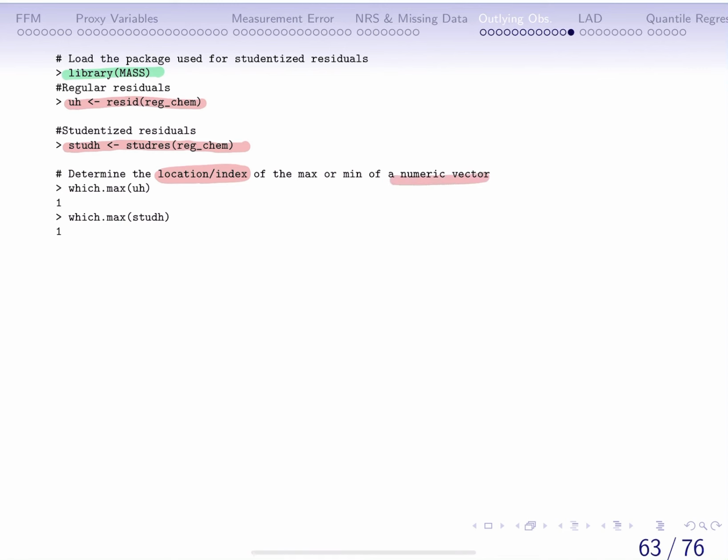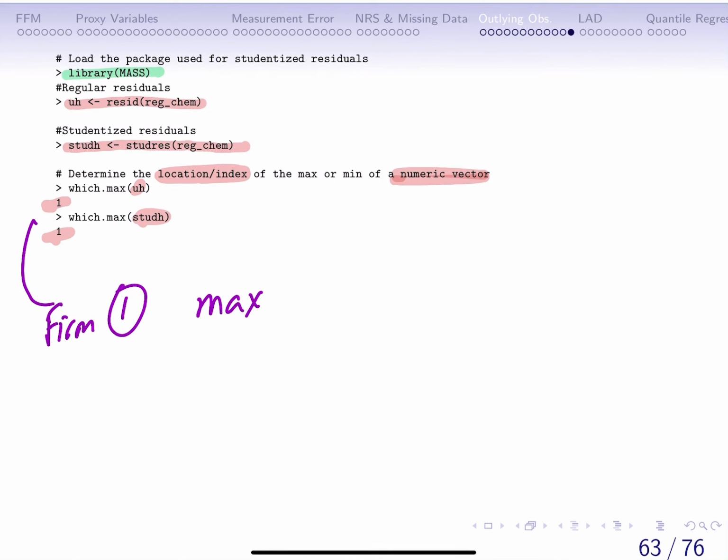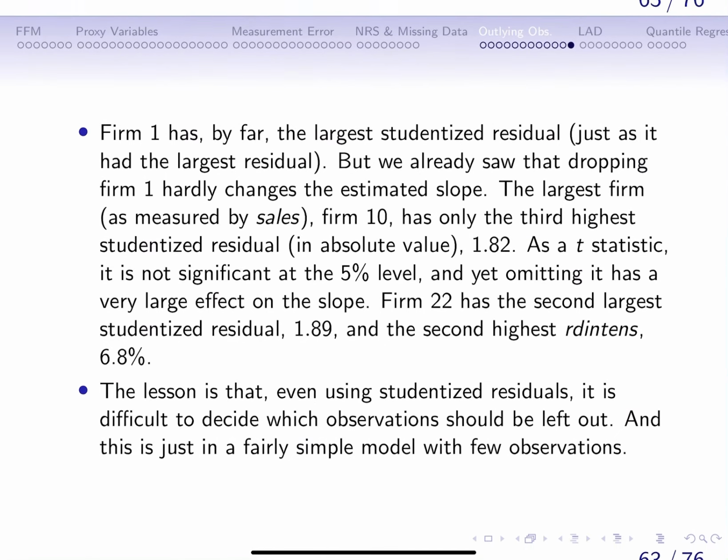So here we're looking at numeric vectors, which are regular residuals and studentized residuals, and it's giving us the same answer, which is saying that firm number one has the maximum value from the residuals from the regression, whether we look at studentized residuals or the regular ones.